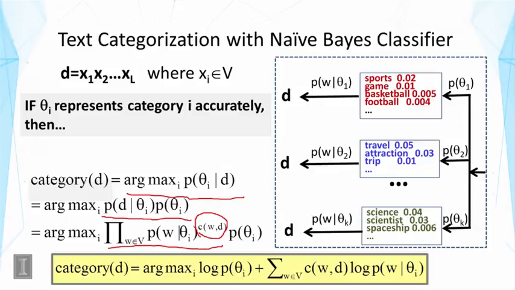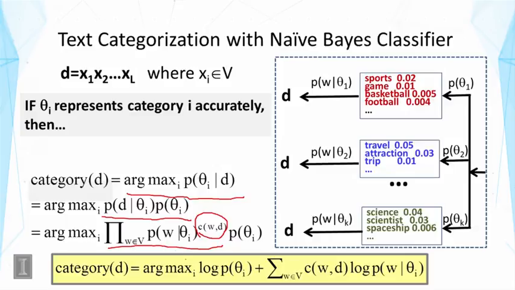So basically, with the naive Bayes classifier, we're going to score each category for a document by this function. Now you may notice that here it involves a product of a lot of small probabilities, and this can cause an underflow problem.